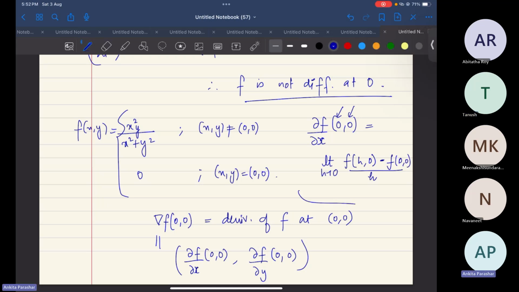Now can you tell me this limit? Zero. And what about this?